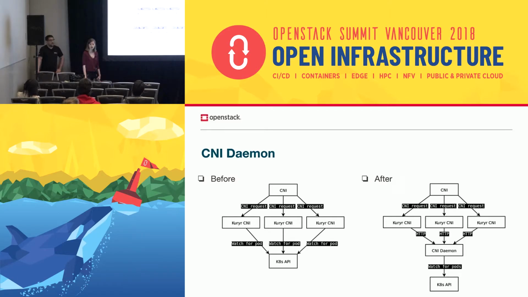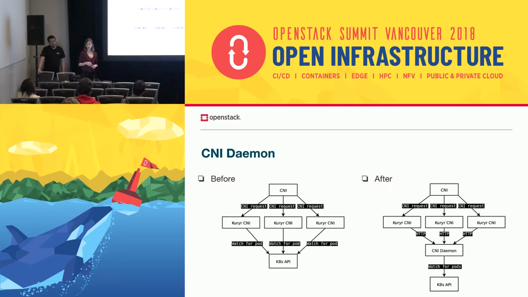So we are adding a new service to Kuryr, which is the Kuryr daemon. So basically, with the CNI, how it previously worked in Kuryr, every time that a pod is scheduled, it is going to create a new process that is going to connect to the Kubernetes API. So now, by having the daemon, we are going to have a long-running daemon process, which is going to make only one connection to the Kubernetes API.